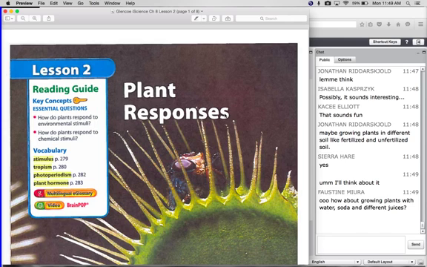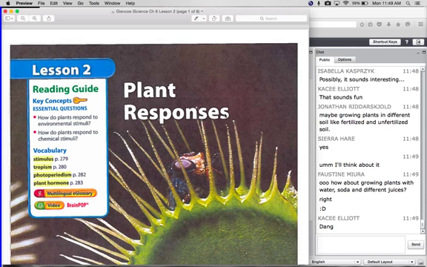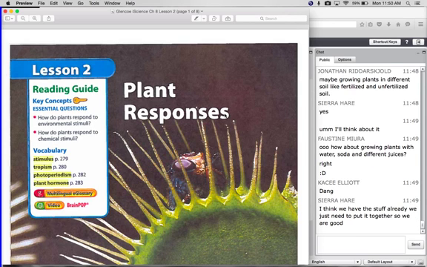How well or not well do plants grow with different sugars, amounts of sugar inside of the thing, right? Or if the bubbles make a difference. Casey, are you having trouble thinking of one? All right, cool, Sierra.